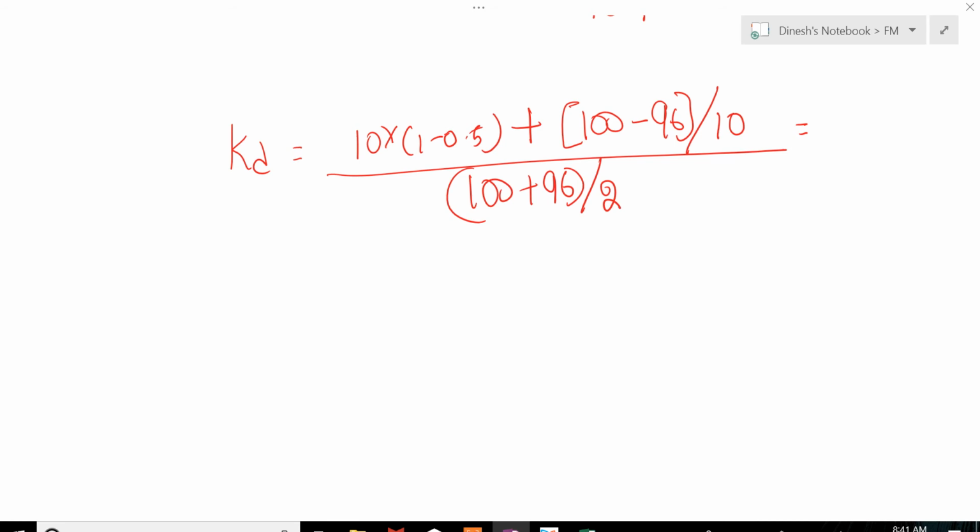So 10 into 1 minus 0.5 plus 100 minus 96 by 10 divided by 100 plus 96 by 2. What is this cost? 5 point.